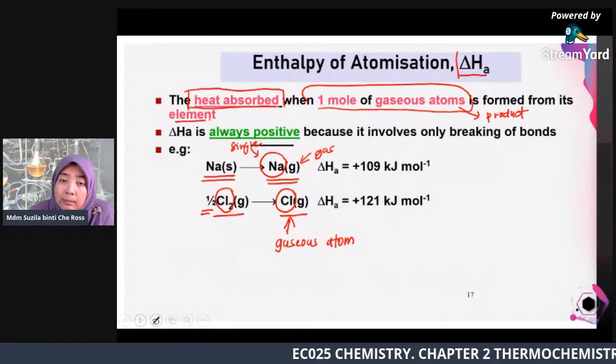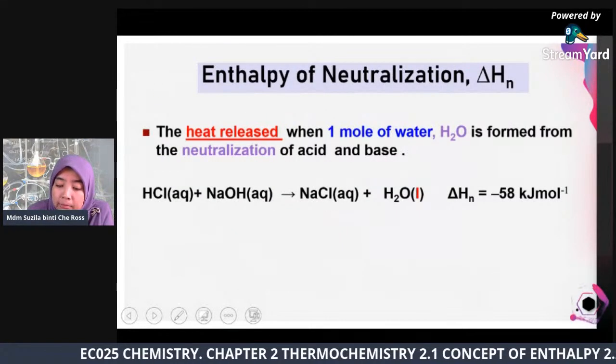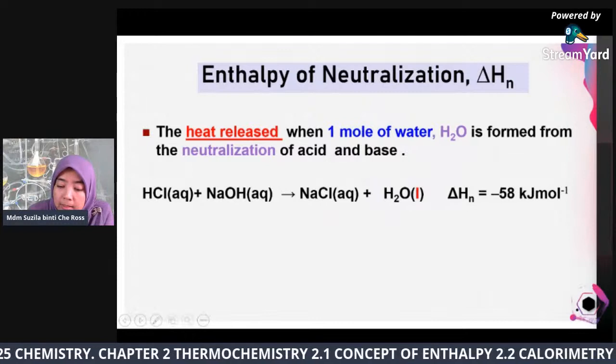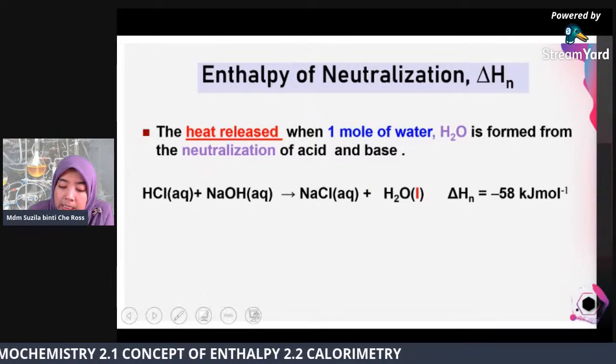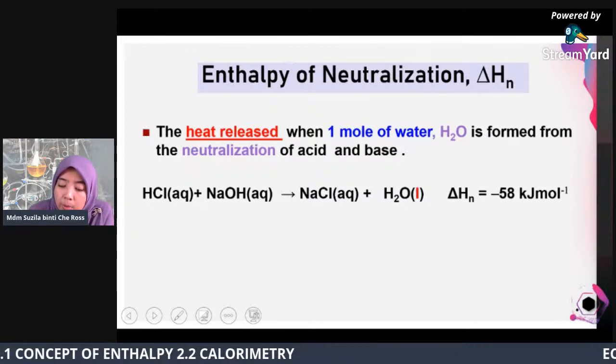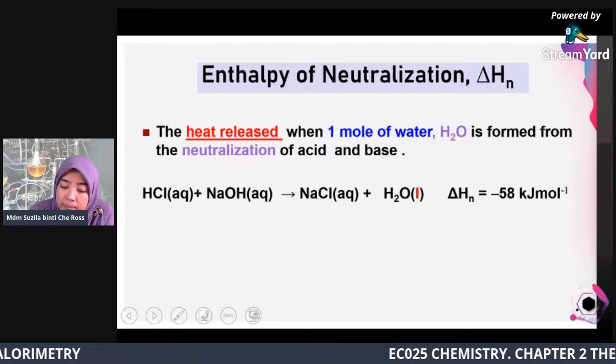we have enthalpy of neutralization. Okay, what is meant by enthalpy of neutralization? Heat released when 1 mole of water is formed from the neutralization of an acid and a base.